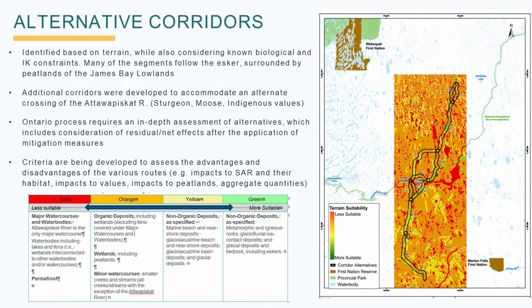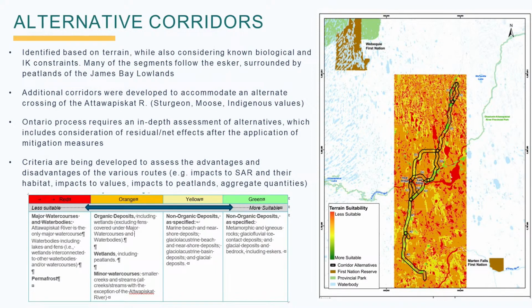So continuing on with alternative corridors, these are identified again based on terrain, but it also considers known biological and indigenous knowledge constraints. Many of the segments that we showed earlier follow the esker, which is a raised landform, typically composed of gravel or finer material. And then there's peatlands surrounding these eskers.